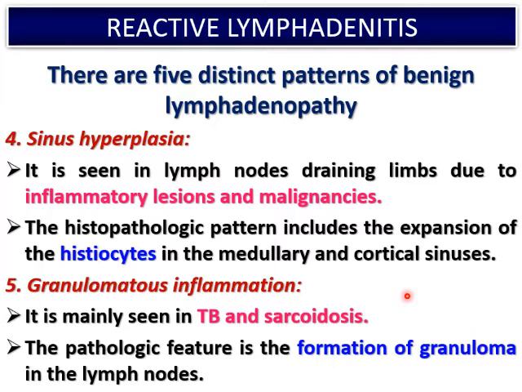Granulomatous lymphadenitis, as you know before in the chapter of inflammation, granuloma is a chronic specific type of inflammation, and usually it is seen in granulomatous diseases like tuberculosis and sarcoidosis. Under the microscope we have characteristic formation of granuloma in the lymph node.